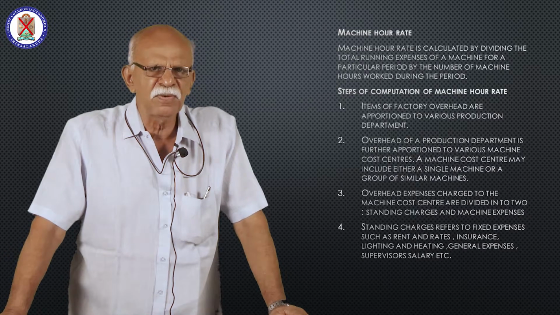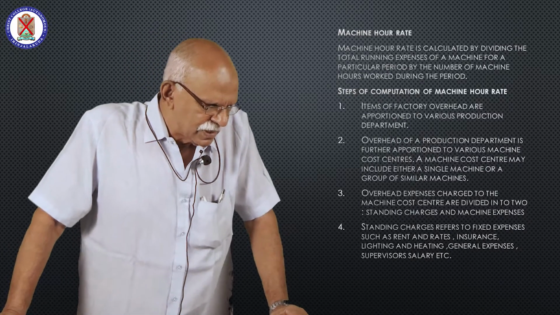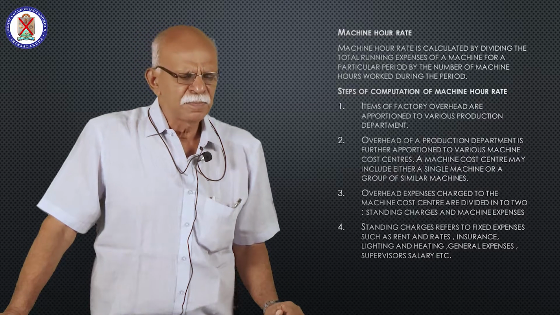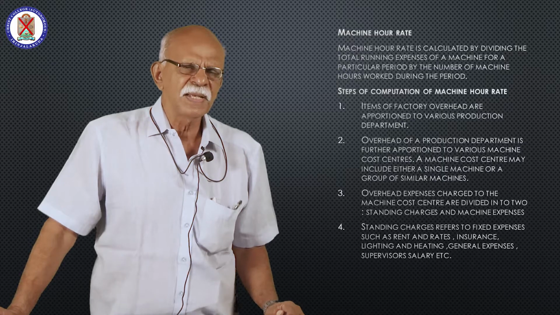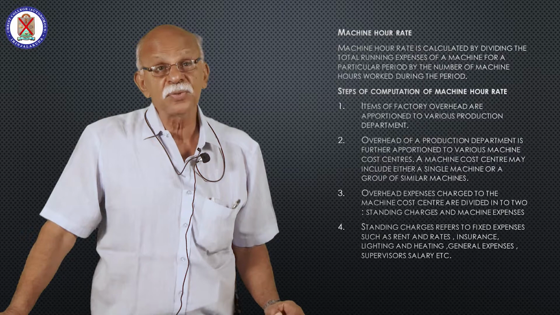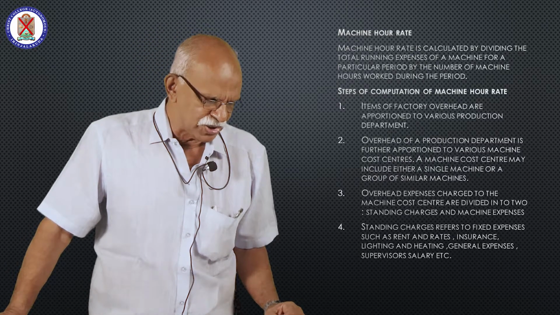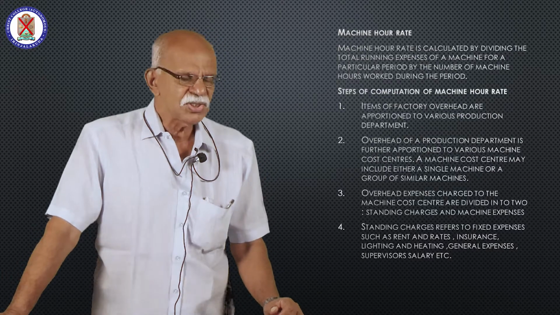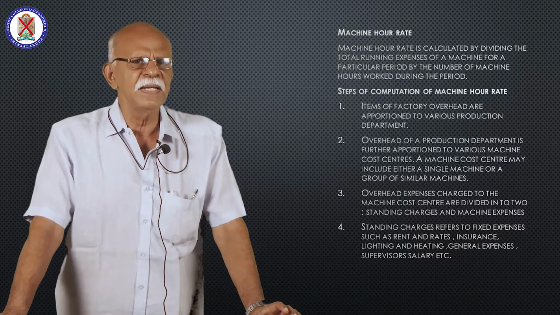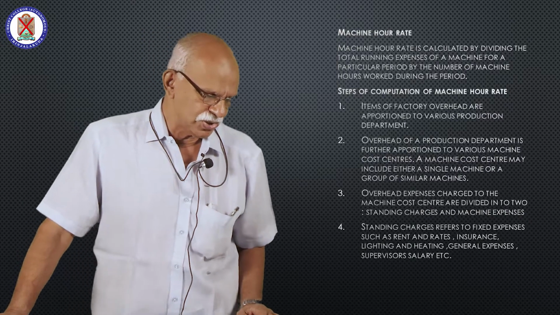Second, the overhead expenses incurred in a department can further be apportioned to various production machine centers. What do you mean by machine center? A machine center may be either a single machine or a group of machines.